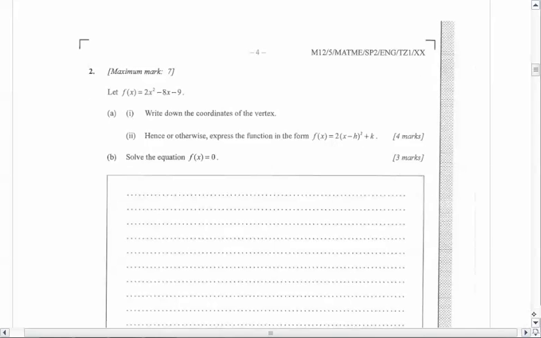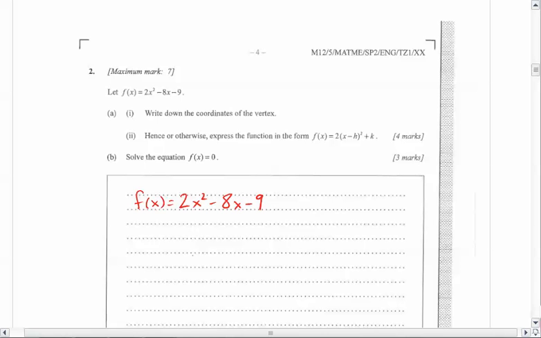Second question is the quadratics question. In order to find the vertex, we want to write this in vertex form, which is kind of tricky because there's a leading coefficient.